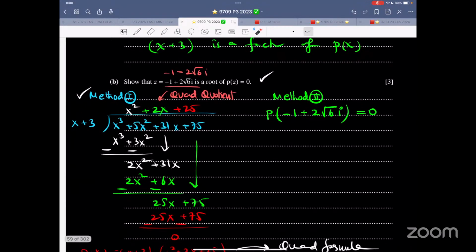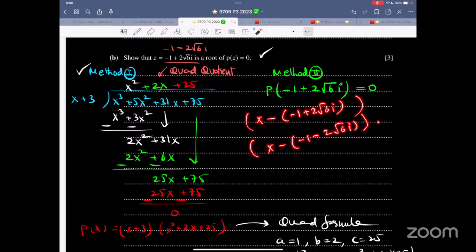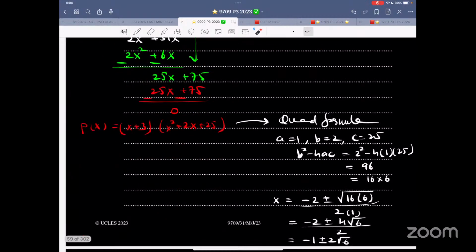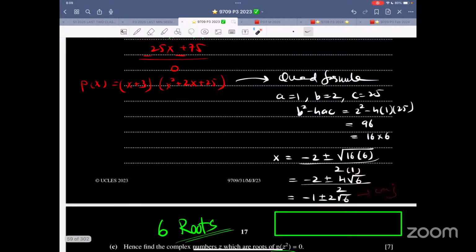So now, first of all, one other thing is that if I write, which I've not written over here, (x minus (-1 plus 2 root 6 i)) into (x minus (-1 minus 2 root 6 i)). If I multiply these two, I get a quadratic, and the quotient will be x plus 3, the other way around. Now, what have I done? I have written this polynomial divided by linear. I get this quadratic quotient. I use the quadratic formula. I get the roots. The roots are conjugates of one another.